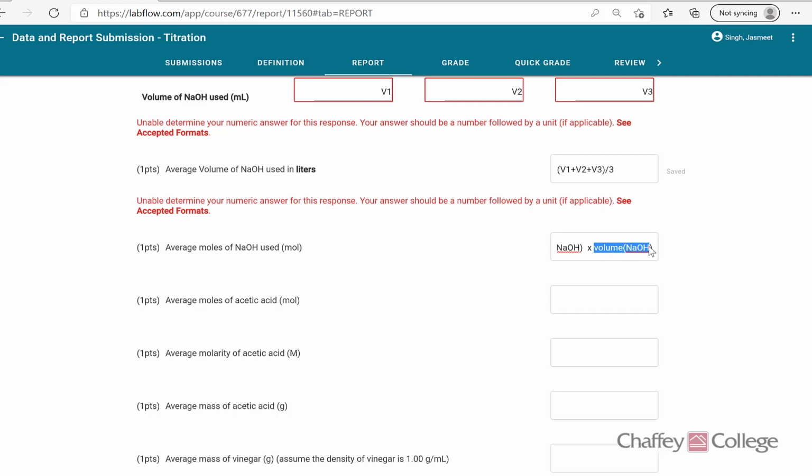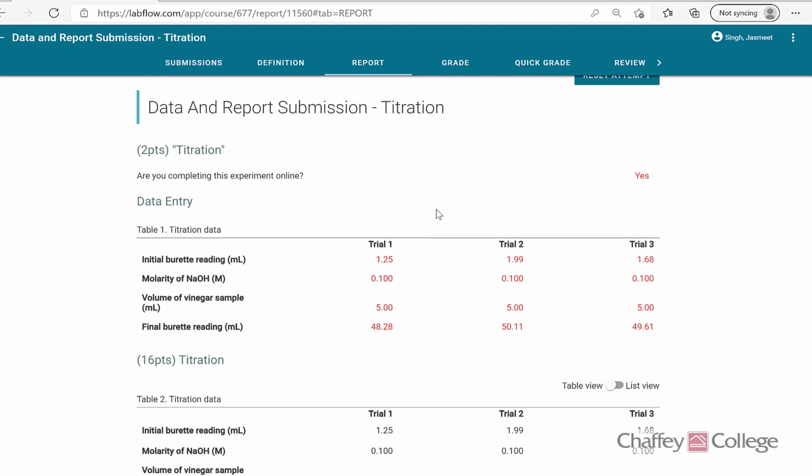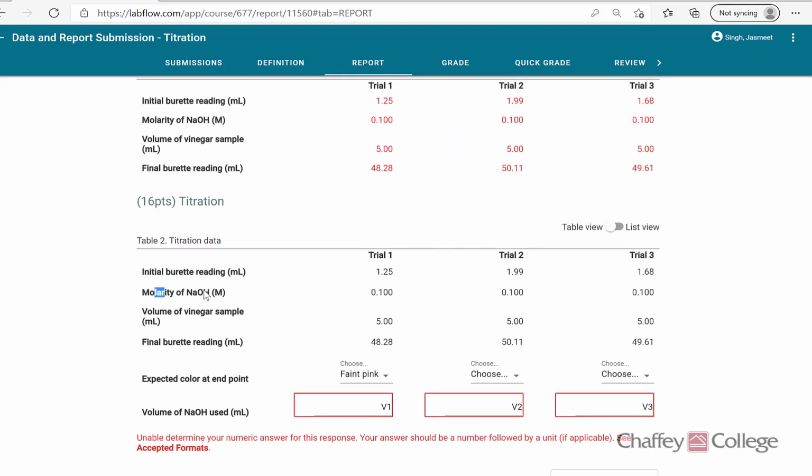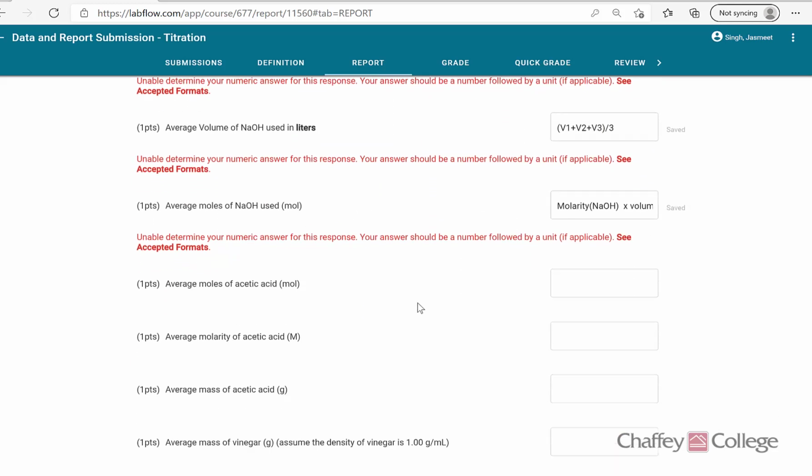The volume of NaOH was just calculated here, so that's the average volume of NaOH. Use this average volume, and the molarity of NaOH is given to us in the initial data table. This is the molarity of NaOH, 0.100. Use these two values to calculate the average moles of NaOH.